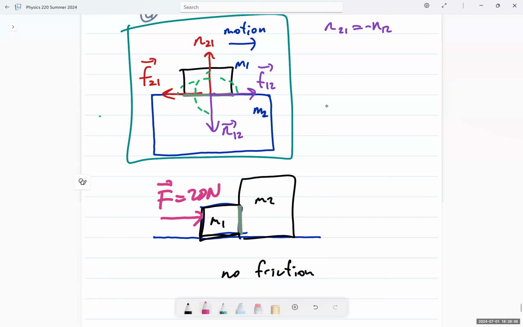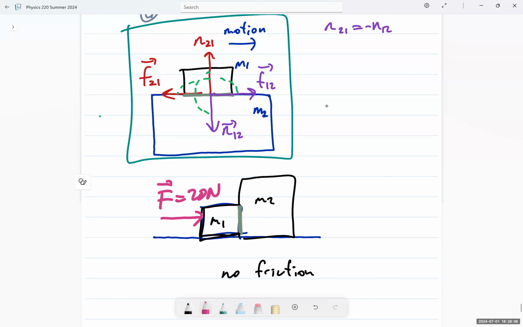So this is going to accelerate the system. The difference is that this 20 newton force is only acting on M1. So the force actually exerted on M2 to make it accelerate is not going to be this one. What actually accelerates M2 is the normal force that 1 exerts on 2, acting on the box M2.